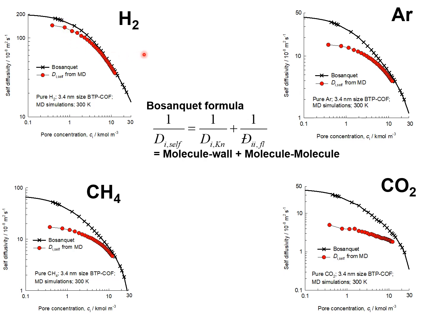And the agreement is significantly poorer for argon, but improves as the pore concentration increases. The x-axis plots the pore concentration in units of kilomoles of guest molecule per cubic meter of pore volume.